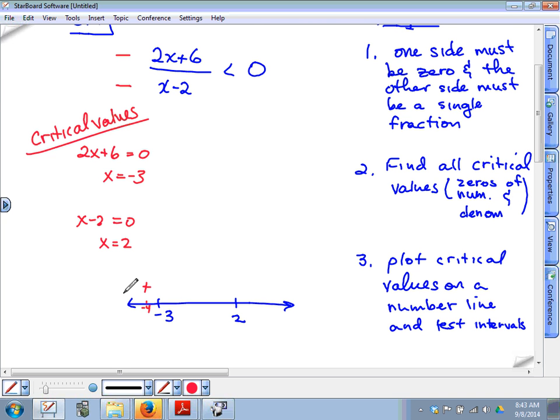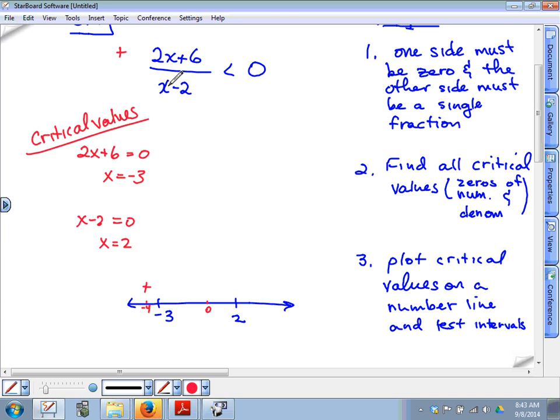Okay? So, between -3 and 2, again, you can't just assume because this one is positive, this one's going to be negative. It doesn't have to be. Often it is, but it doesn't have to be. So, what are we going to test? 1 or 0. You can test 0. 0 is pretty easy. So 2 times 0 plus 6, which is positive.